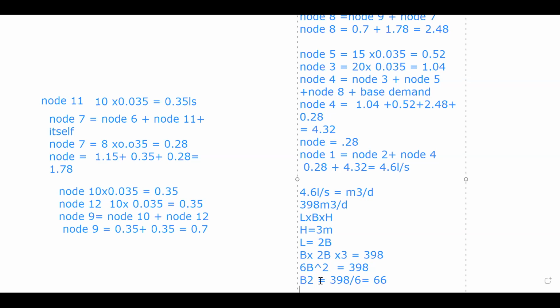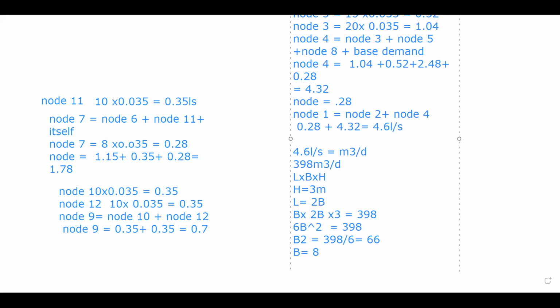So that will be b equal to 8. Therefore, the tank is 16 meters by 8 meters by 3 meters.